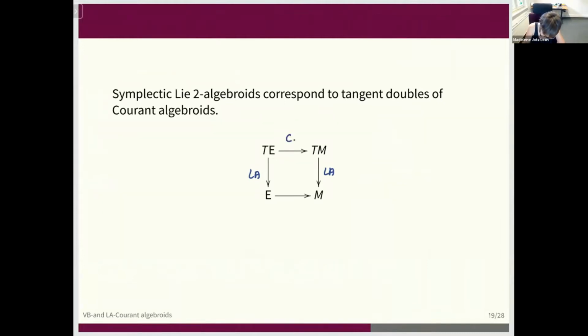And the Courant algebroid is just a tangent prolongation of the Courant algebroid structure on E. And then the decompositions or the splittings, which are equivalent, are just metric TM-connections on E that preserve the metric. So now the correspondence is given.